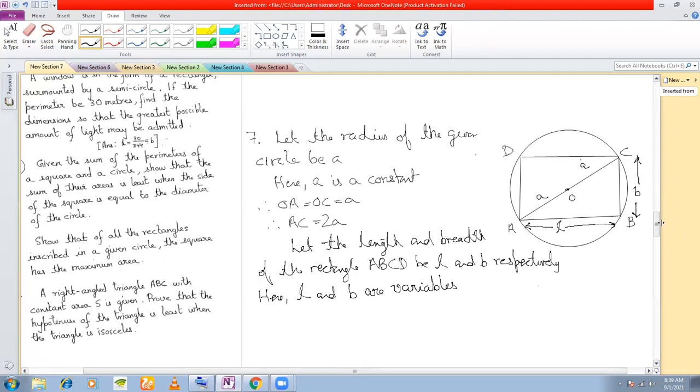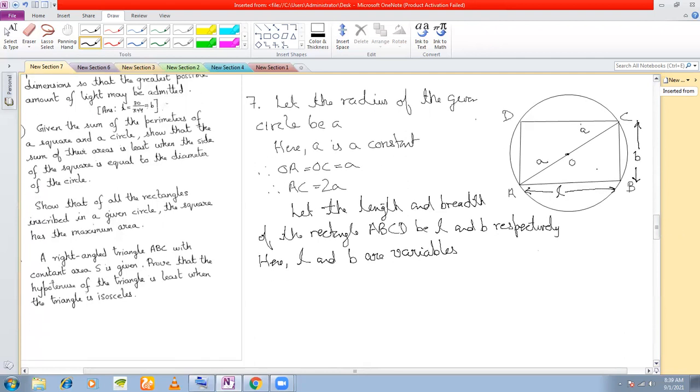Right? So now from Pythagoras theorem, if you apply Pythagoras theorem in this rectangle, what will happen? In triangle ABC, AC square is equal to AB square plus BC square. This will give us a relation between L and B. Why should I get a relation between L and B?